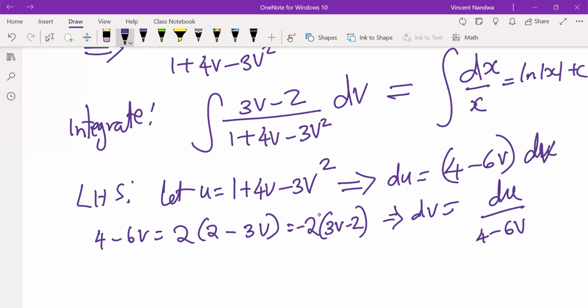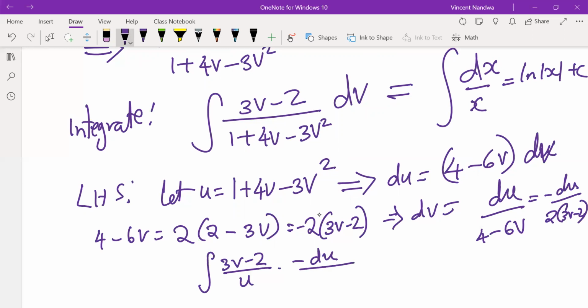So now this will give us the integral. We can write this as -du/(2(3v - 2)). So (3v - 2)/u times -du/(2(3v - 2)). And this cancels out.